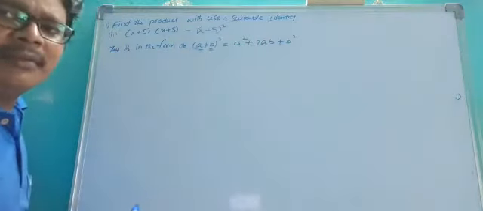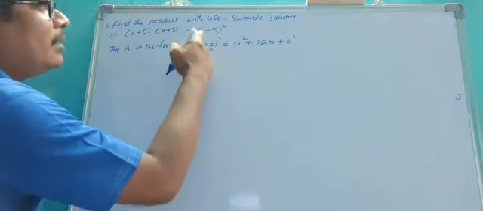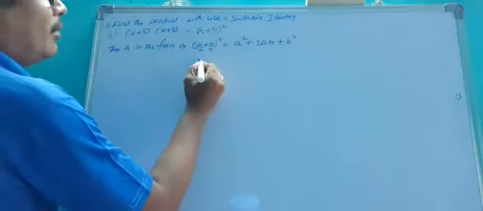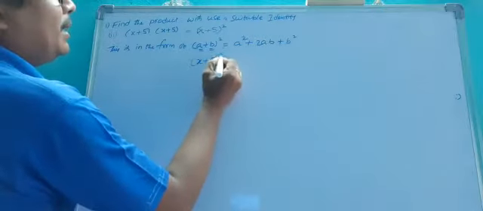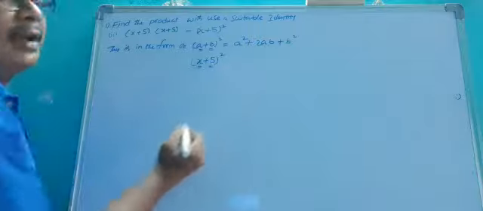This is in the form of (a + b) whole square. Here a equal to x and b equal to 5.